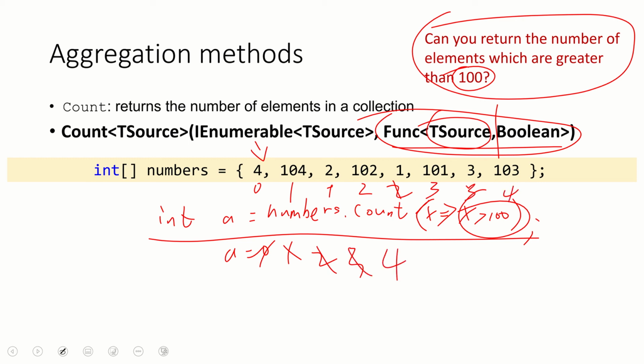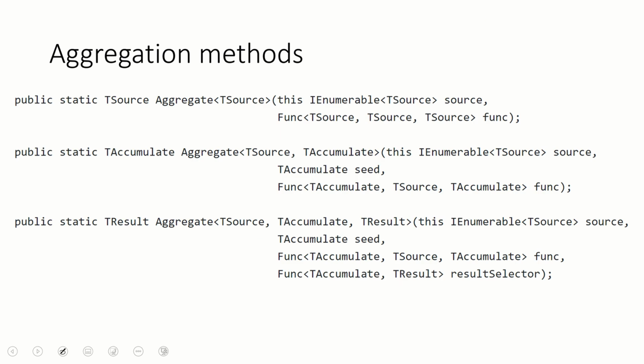Okay, so this will return false. So there's something we call the aggregation method. It's an aggregate method. In this aggregate method, you can see there are 3 different results you can return. Let's see what's the difference.